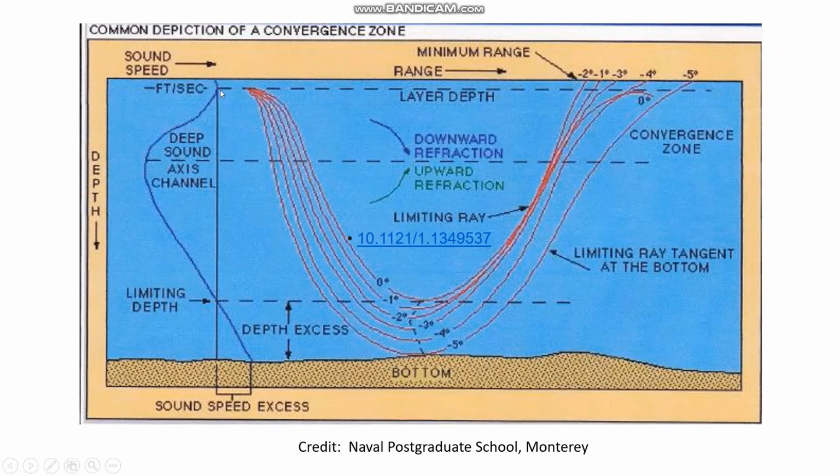Let's take a little bit closer look at the refraction issue. What you see here on the left side is the sound speed, and you can see that the sound speed here gets lower due to a lower temperature, and then eventually rising pressure raises the sound speed again.